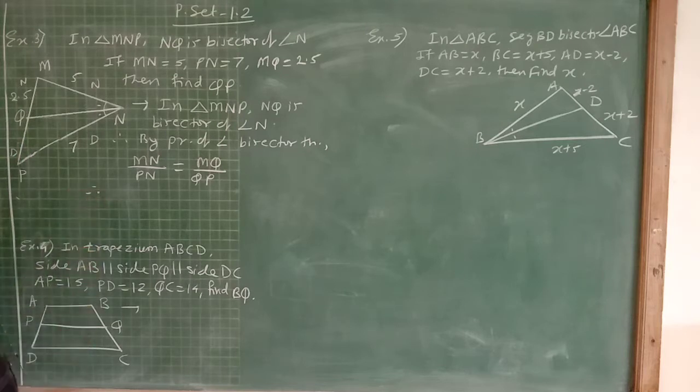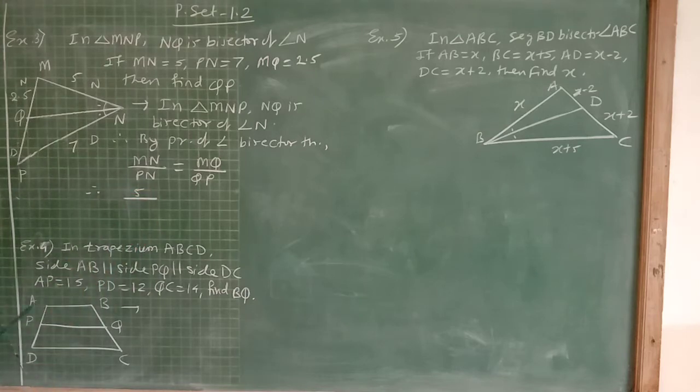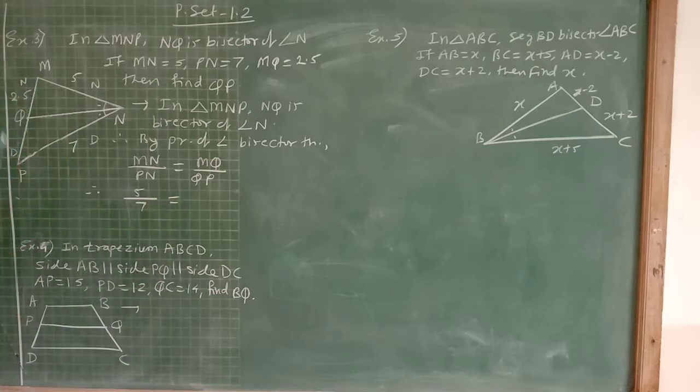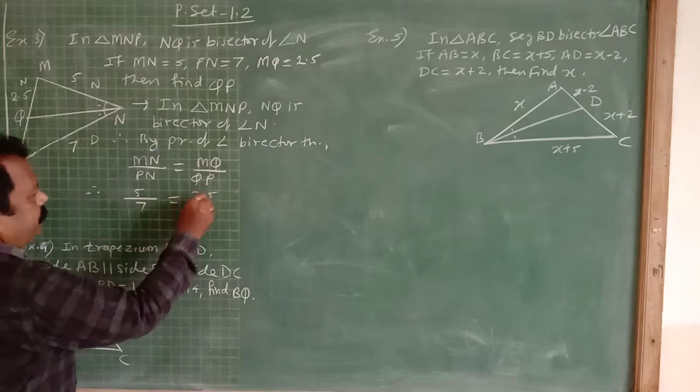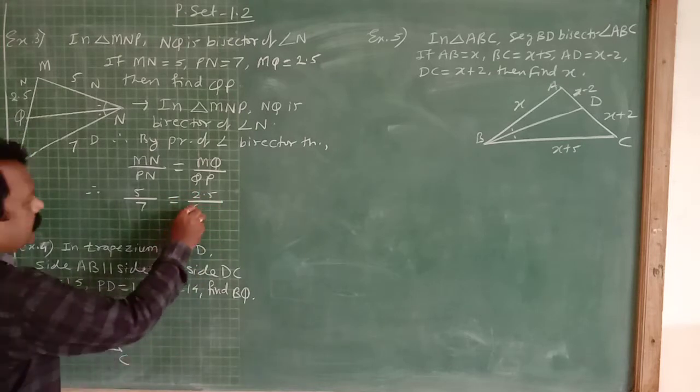Therefore, substitute the values. MN 5 divided by PN 7 is equal to MQ 2.5 divided by QP. You have to find the distance.